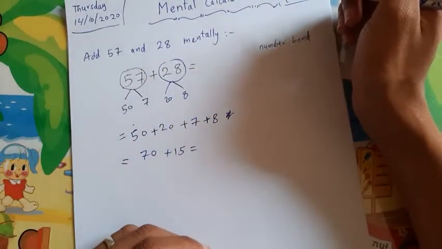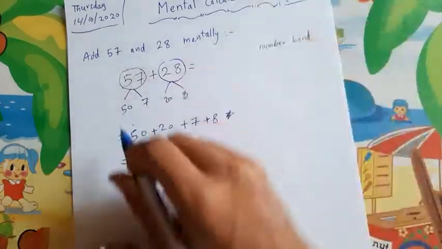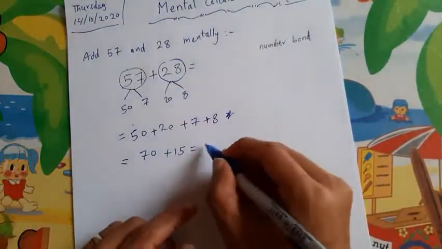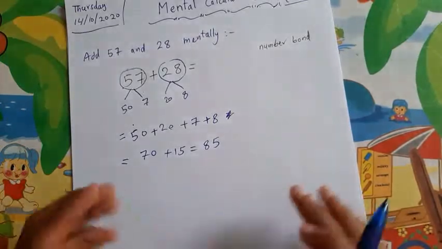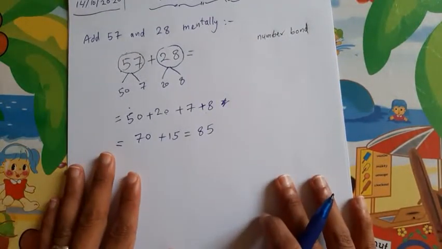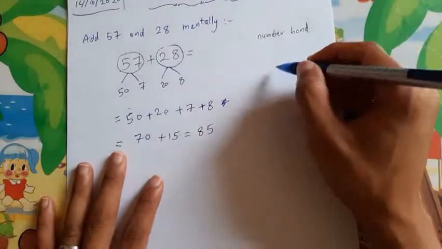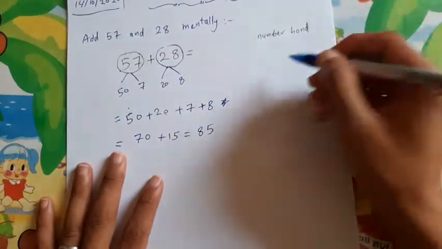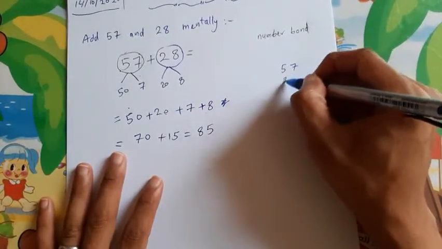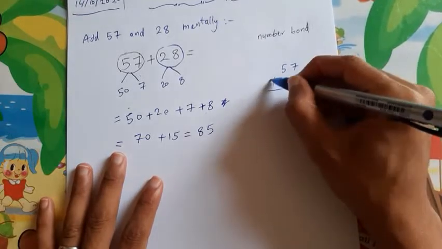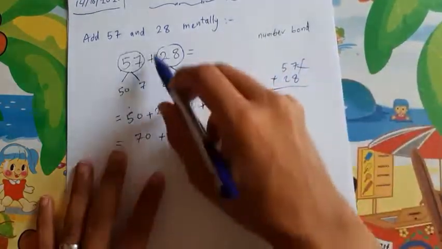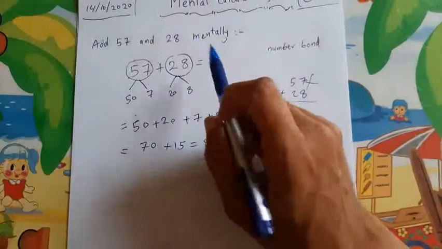Now I can say 70 plus 15 equals 85. Easily, or simply, we can find the answer. I didn't use any typical ways like 57 plus 28. No, I didn't use this way. Instead, I used my mind, or I added mentally.